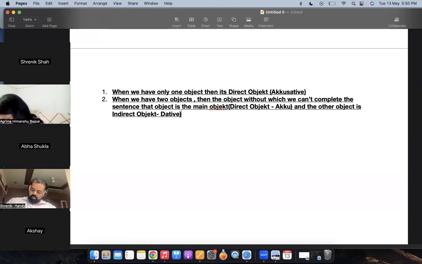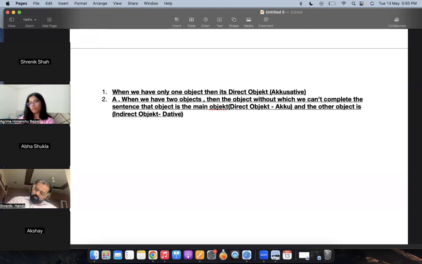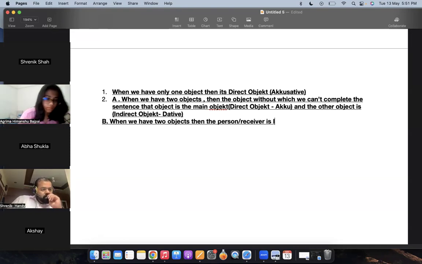So this is point 2A, and then we have the same but B point of the same rule, that when we have two objects, then the person, or I would say the receiver, is the indirect object and the thing is the direct object.